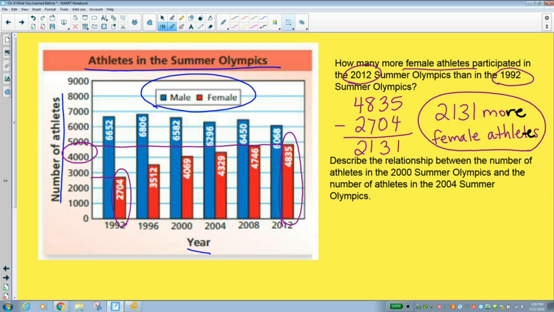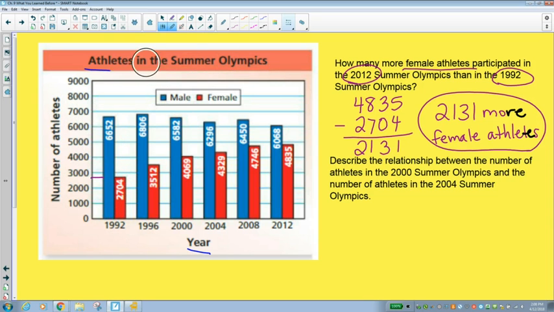Okay, if I want to be more specific, I could say more female athletes in 2012 than 1992, to be even more specific. Okay. All right, let's go ahead and erase what I drew in here so that I have a clean graph. And then I'm going to go ahead and read the next question.